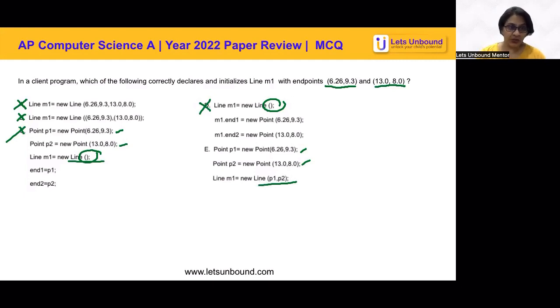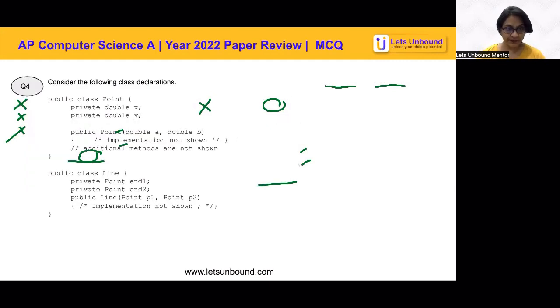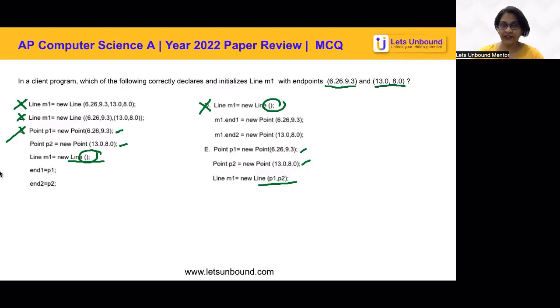So we will just verify it. The constructor of class Line accepts 2 parameters, Point P1 and Point P2. That is the reason this option E is the correct option.